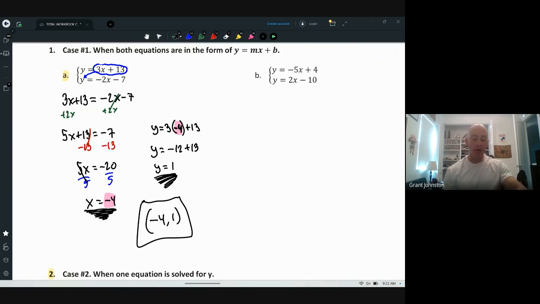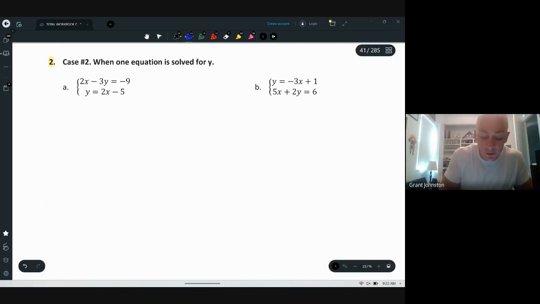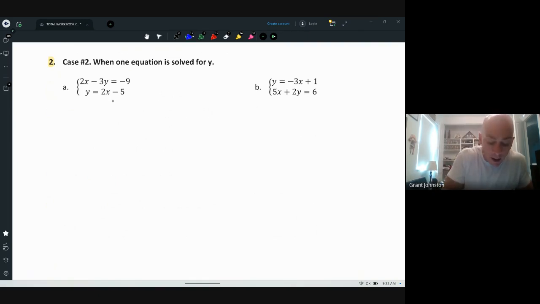Case two is just when one equation is solved for y. In that last example, both of them were y equals. In this one, only one of the equations is solved for y. Since y equals 2x minus 5, I can substitute that in for y in the other equation.